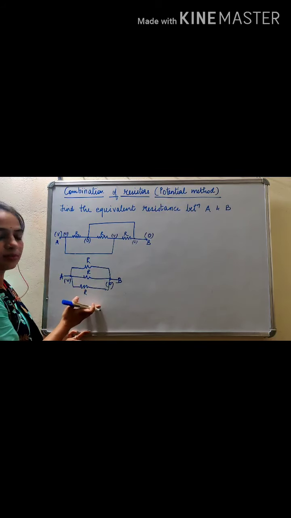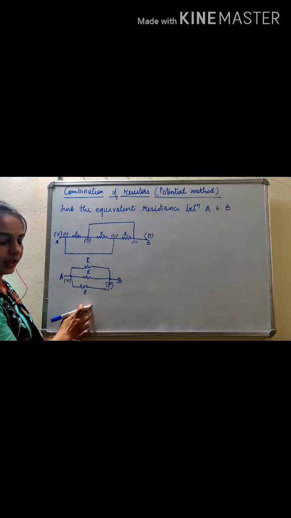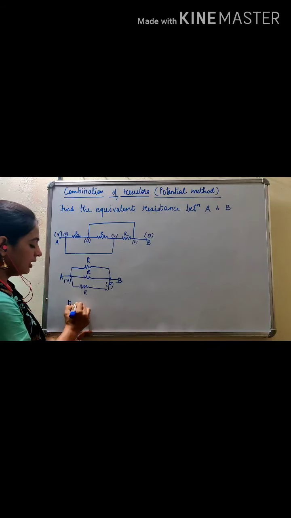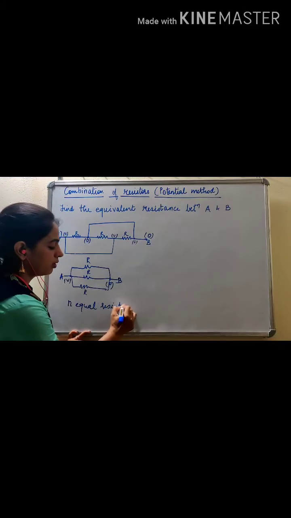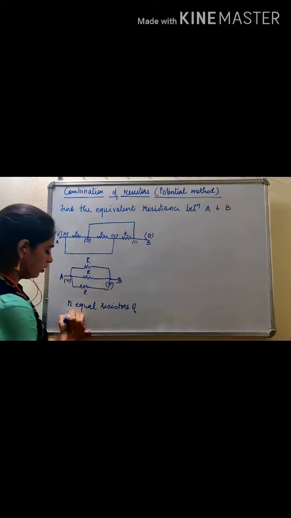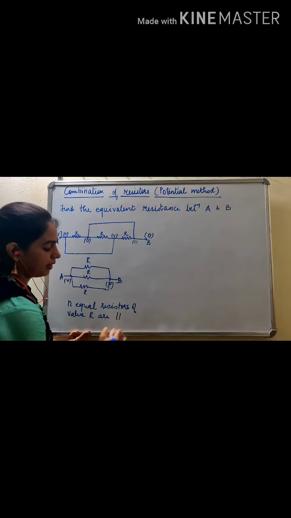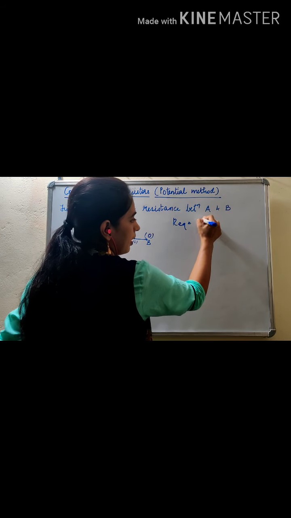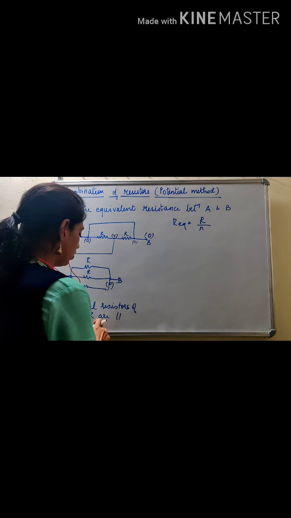So our resistor network reduces to this form. That means all three are connected in parallel, and we know that if n equal resistors of value R are connected in parallel, then R equivalent is given by the resistance of each resistor divided by the number of resistors.